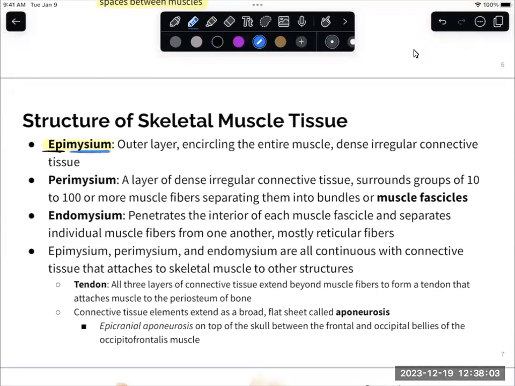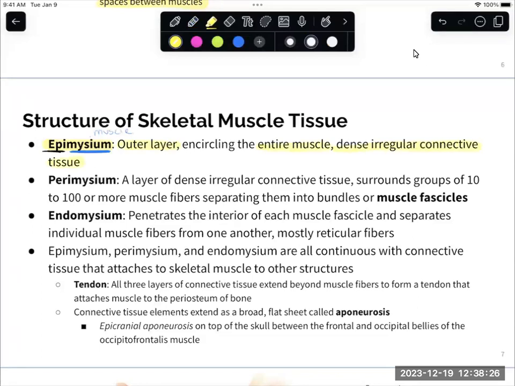Epimysium, that's muscle. And then we've got that epi, that means that outer layer. So this wraps around that entire muscle. It's that dense, irregular connective tissue.